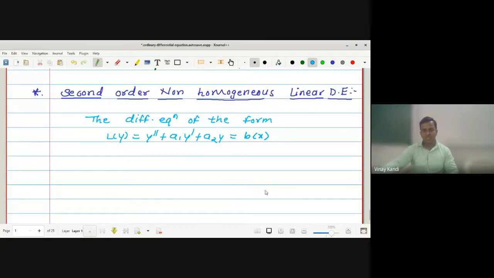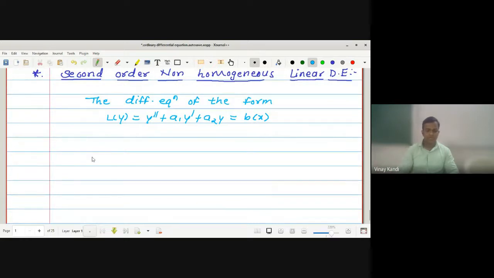Okay, b of x is called second order non-homogeneous linear differential equation. Okay, any doubt?